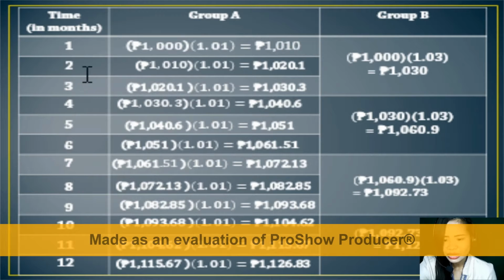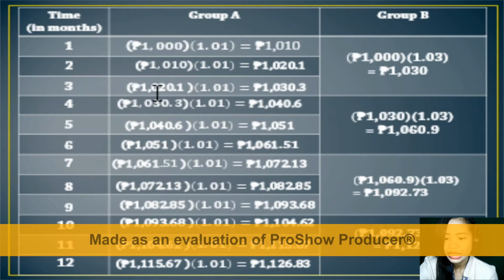In the second month, in Group A, you will base it on the total earning in the previous month, which is 1,010. You multiply it by 1.01 until the last month. So the total investment in the second month is 1,020 pesos and 1 centavo.